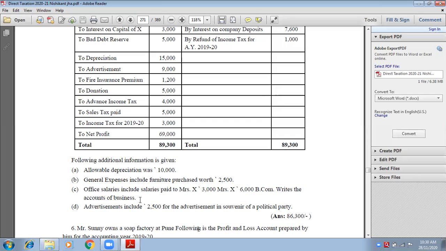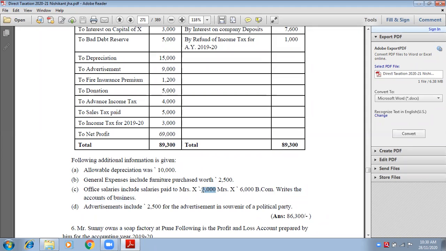I know she is the relative of Mr. X, but if she is doing some work in the company, she is eligible to get the salary, and she is getting 3,000 rupees, and that is okay. That is not excessive payment.